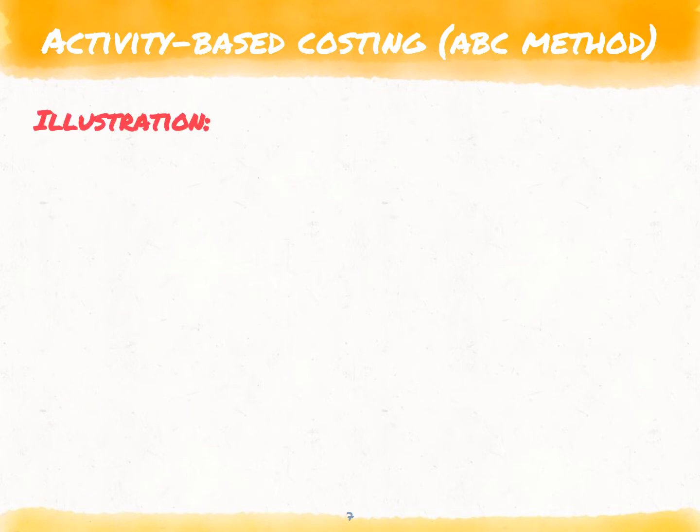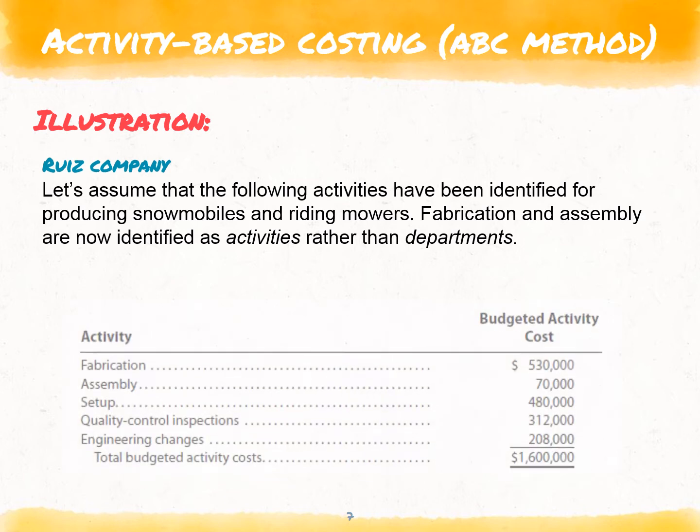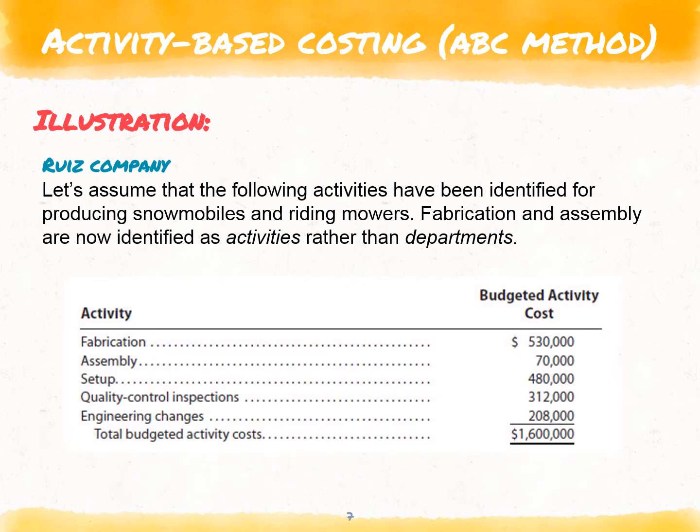Let us now illustrate the activity-based costing method through the illustration for Ruiz Company. Let us assume that the following activities had been identified for production of snowmobiles and riding mowers: fabrication, assembly, setup, quality control inspection, and engineering changes.